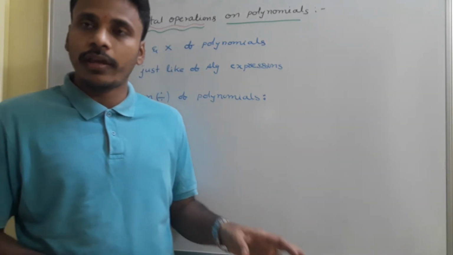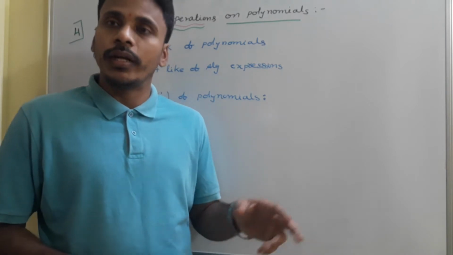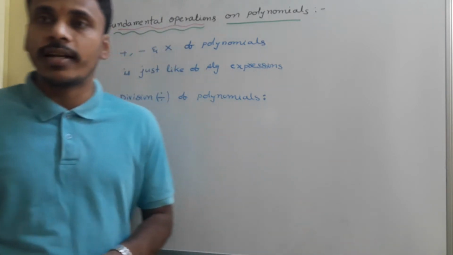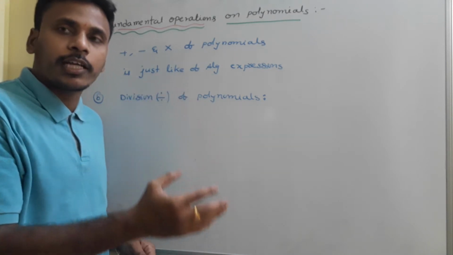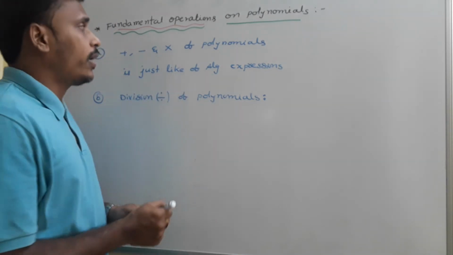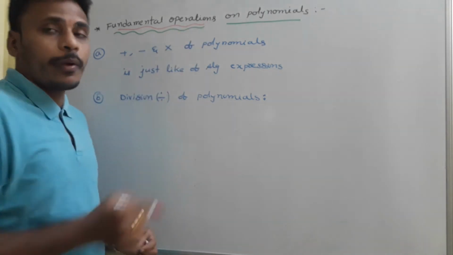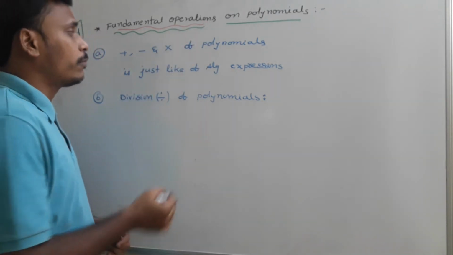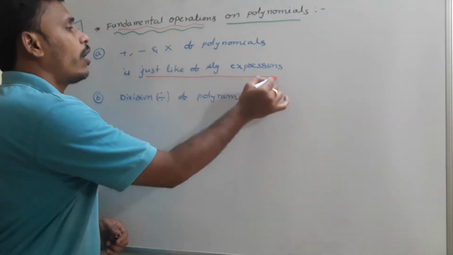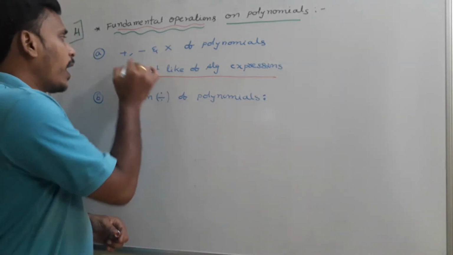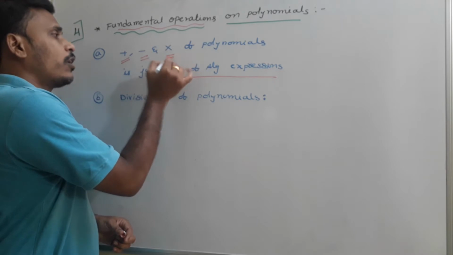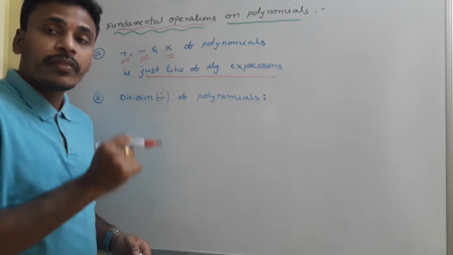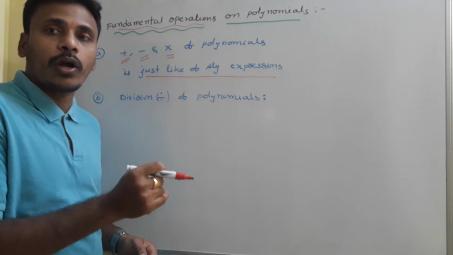An algebraic expression with non-negative integral powers is usually considered a polynomial, and polynomials are simply algebraic expressions only. That's why applying fundamental operations on polynomials is just like with algebraic expressions. Addition, subtraction, and multiplication of polynomials are just like those of algebraic expressions.